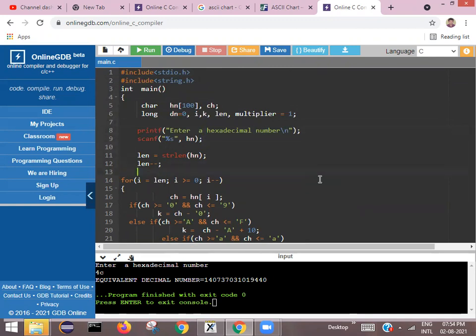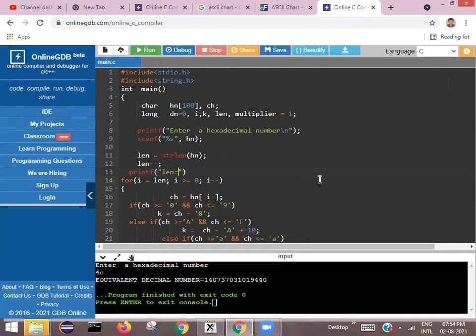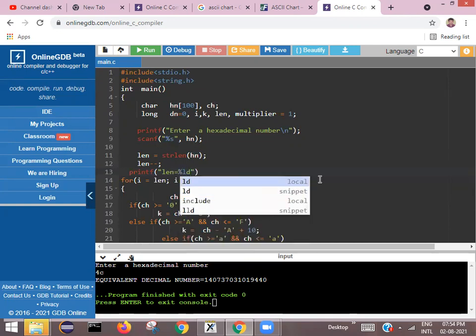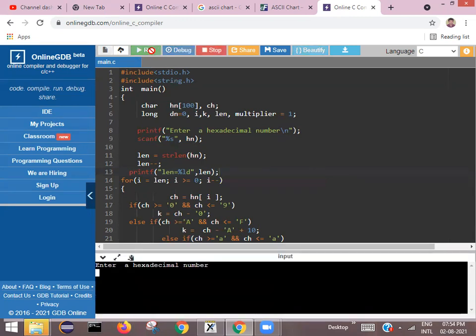After doing length minus minus, say printf. Just check out length is equals to, say percentage LD comma length. Whether I'm getting this correct or not, let us just check out.